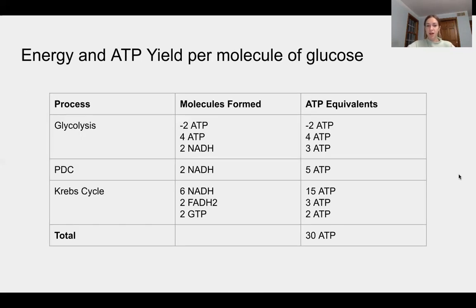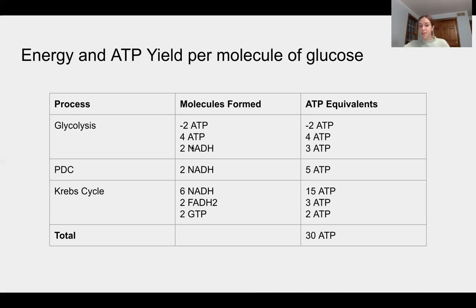So here, I would definitely encourage you to commit this chart to memory. This shows the actual molecules that are formed in glycolysis, the pyruvate dehydrogenase complex, and the Krebs cycle. And then over to the right, it shows the ATP equivalents.